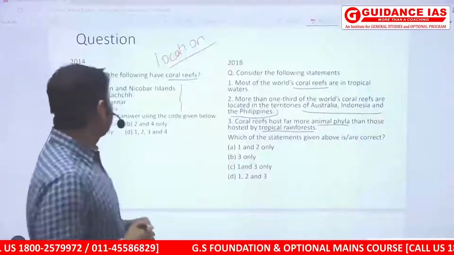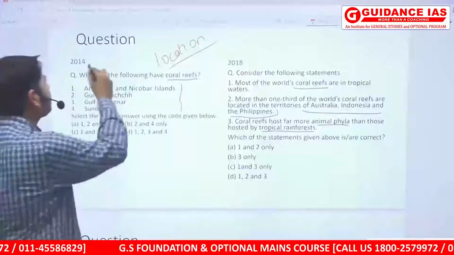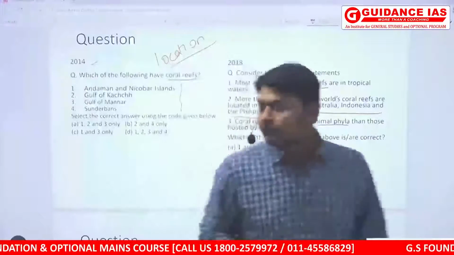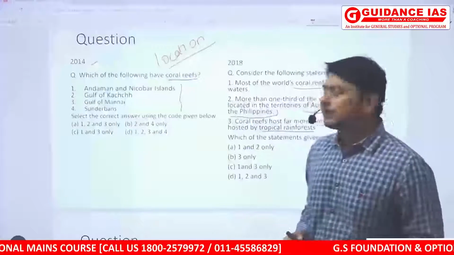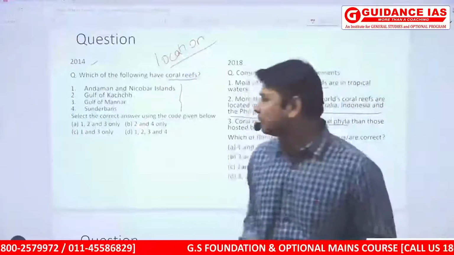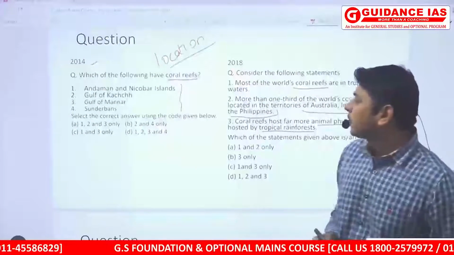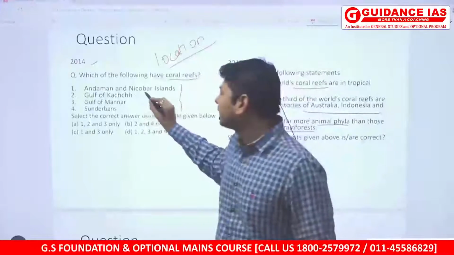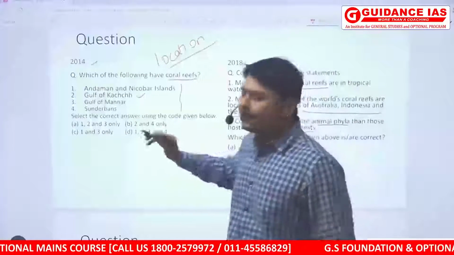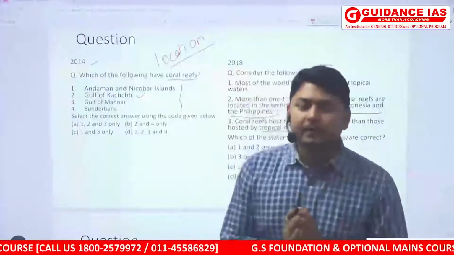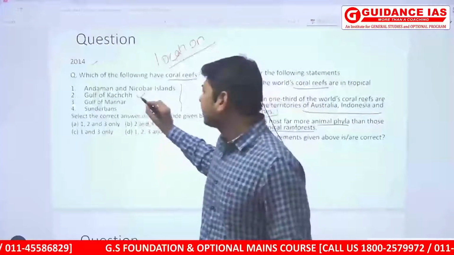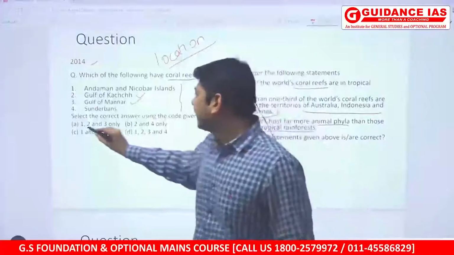First, the 2014 question: in India we have coral reefs at Andaman and Nicobar, another is Gulf of Kutch, the next statement is Gulf of Mannar, and the next statement is Sundarbans. We have coral reefs at Gulf of Kutch. It is true. If you have seen the map of India, we can see that we have coral reefs at Gulf of Mannar also. So we can get two options.